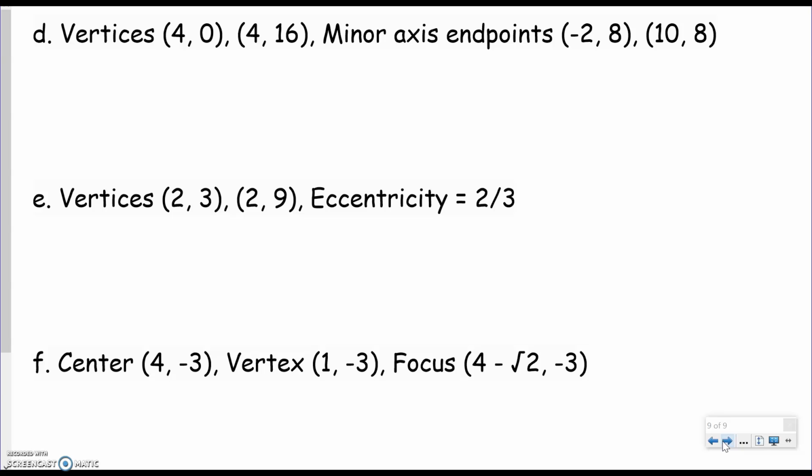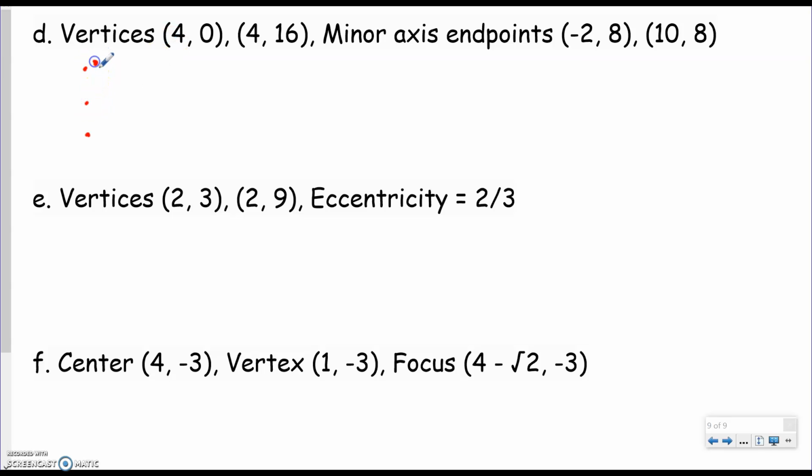And F is very similar to the one we just did, it's just a square root in there, and then kind of let you go. Okay, so biggest thing here is remember that if I have my vertices at 4, 0, and 4, 16, that means it's a vertical one. The midpoint is going to be my center.